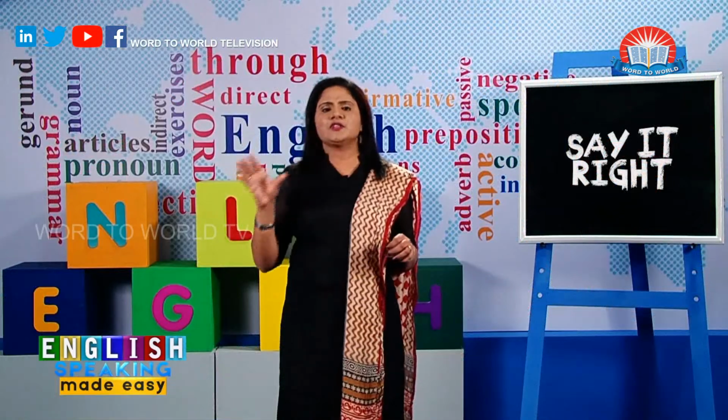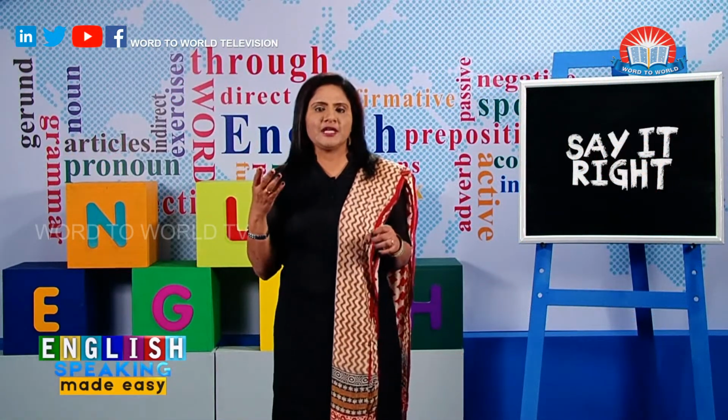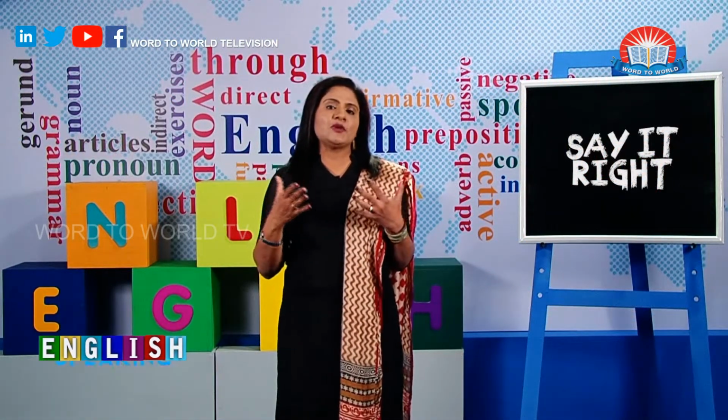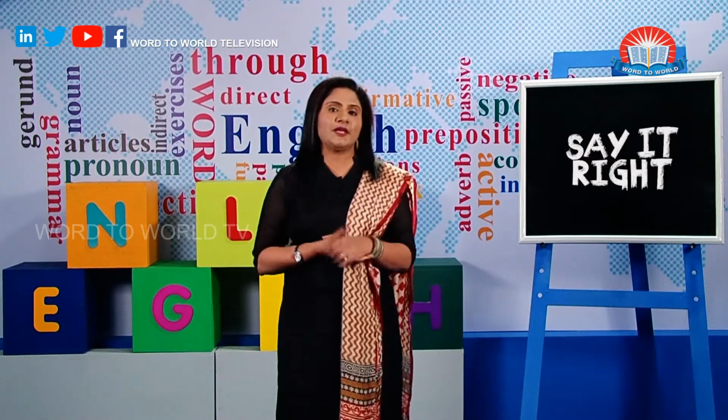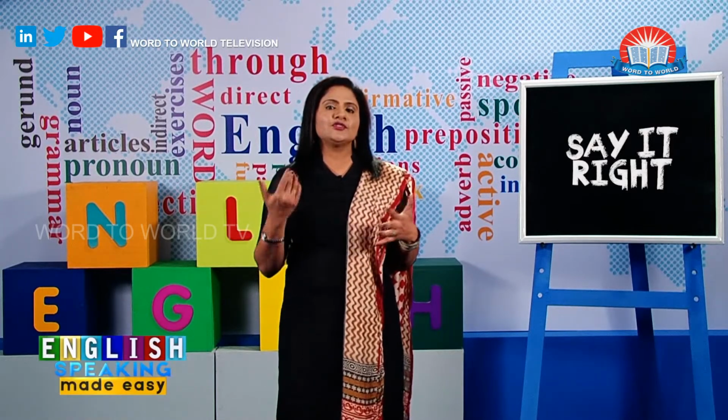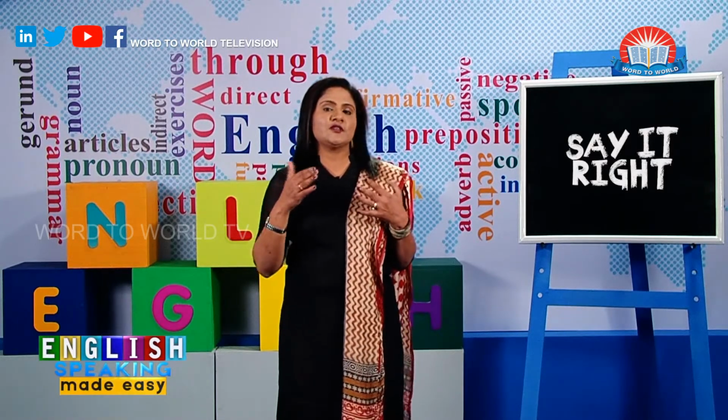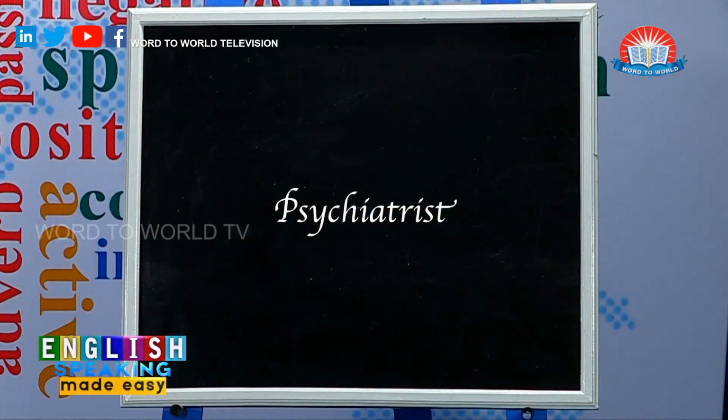Now, P is another letter which is silent in many words, and whenever you have P, P is silent when it occurs at the beginning of many words. Especially when the combination is with P and the next letter being S, P and T, P and N, in all these combinations, the P is silent. Like for example, look at this word, psychiatrist.